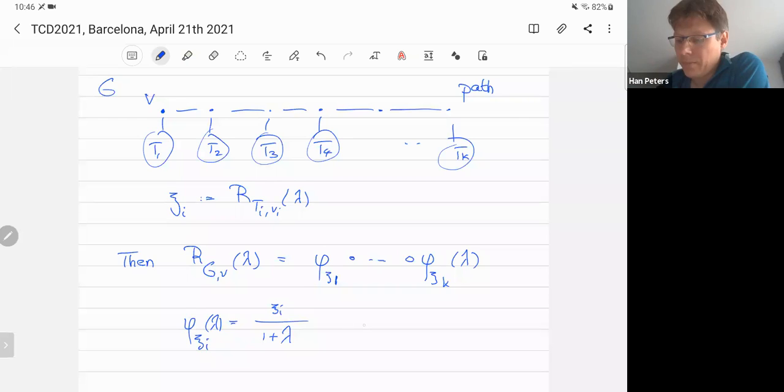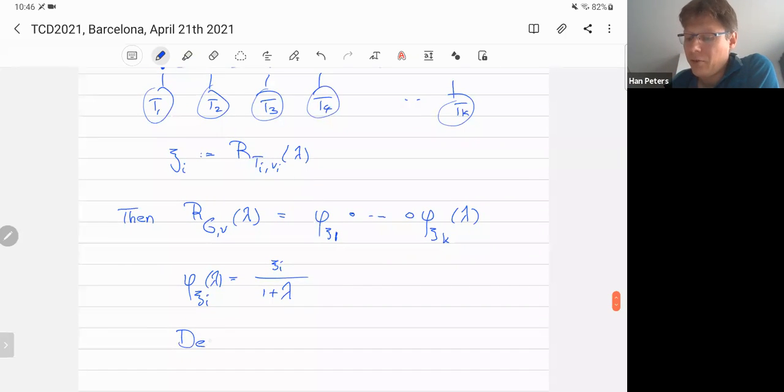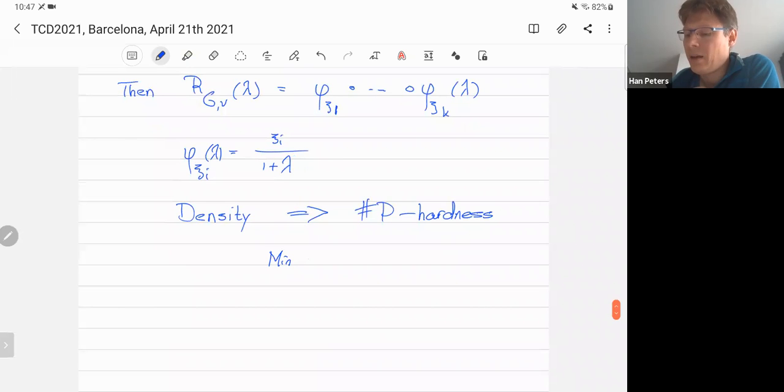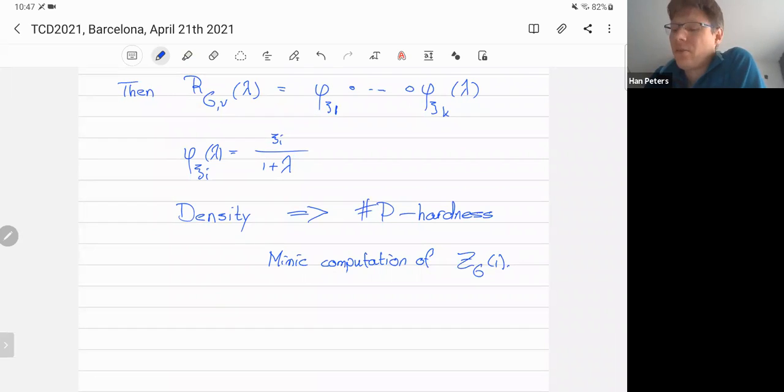And therefore, this is very useful, for example, for proving that density implies Sharp-P hardness, because really what you do is mimic the computation of G1. If you get three suitable values in the complex plane, then you can approximate the value 1 exponentially fast.